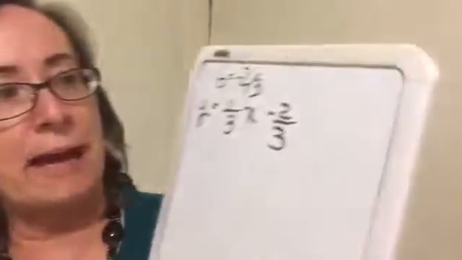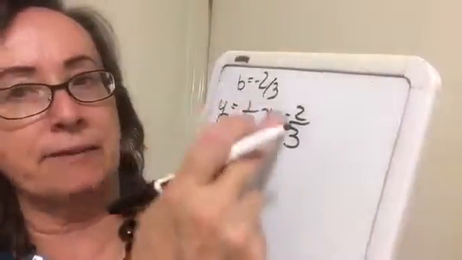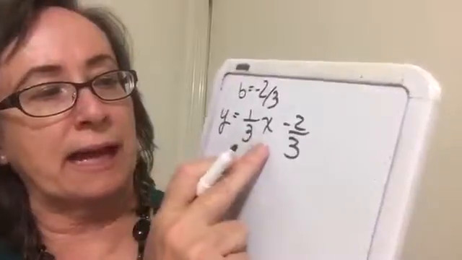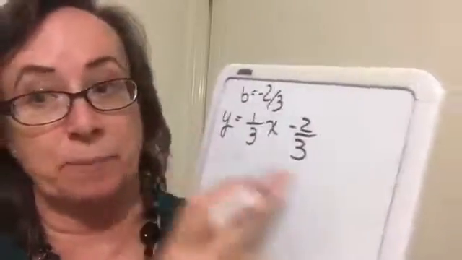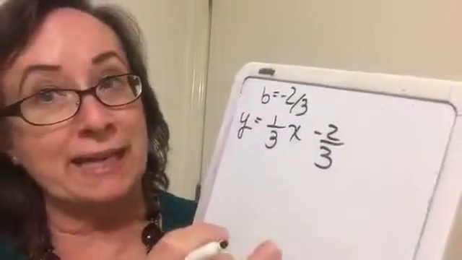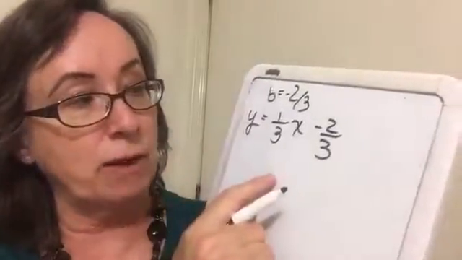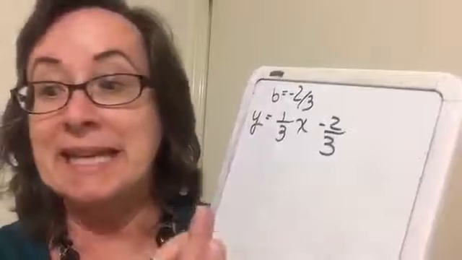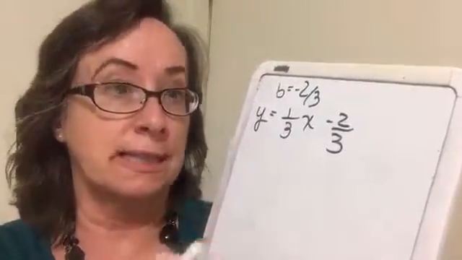Let me get another board here. So now I have my b is -2/3, and I have my y is 1/3 x minus 2/3. In my slope-intercept form, I want to turn that into standard form, so I'm just going to multiply everything by 3. Because remember, I don't have any fractions in standard form.